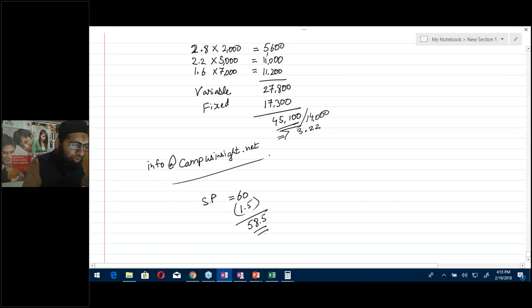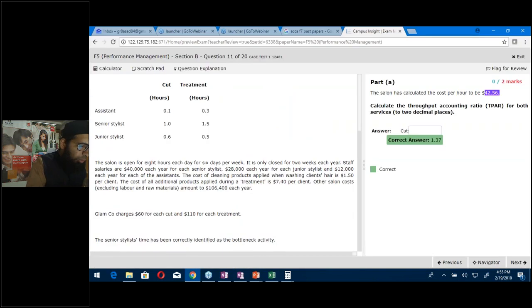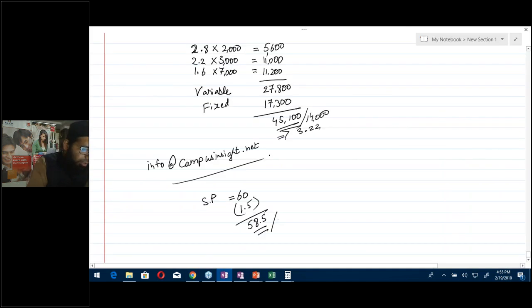Now we have to calculate throughput per hour. Throughput per unit is 58.5. Senior stylists consume 1 hour, so I will divide it by 1. The answer will be 58.5 once again. Now to calculate the throughput accounting ratio, I will divide it by the conversion cost per hour, which is given in the question as 42.56.